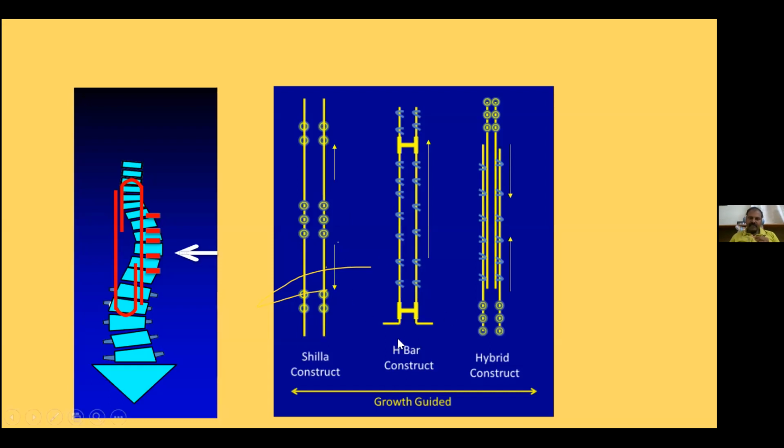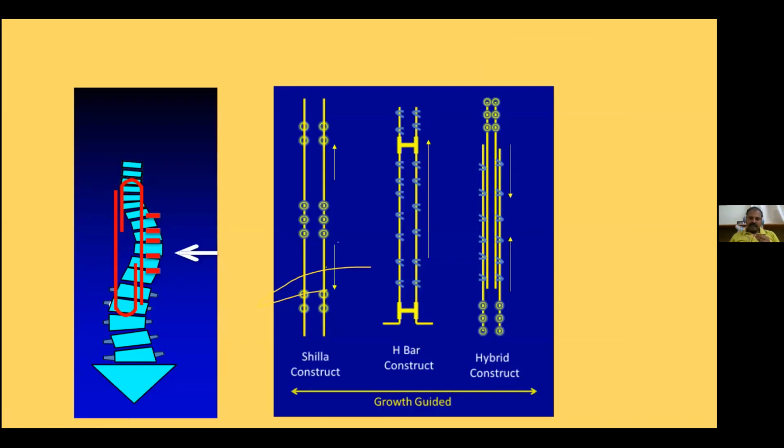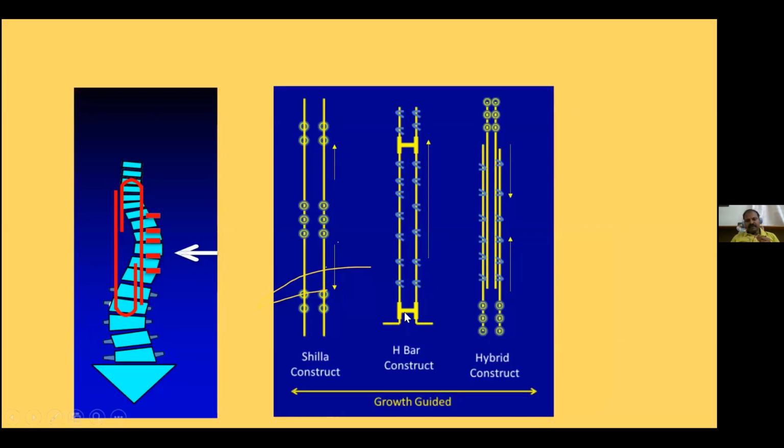Then this one, the H bar, is not in use now, but has shown good results. I think I'll have some pictures of that in the next few slides. Basically, these are two rods with H connectors in between. You do anchoring or fuse this area, where either this goes into the iliac wing, or there are two sacral screws which go into S1 or L5 sometimes.